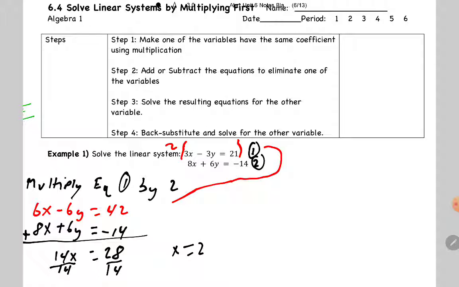Okay. So now I have x equals 2, and we're going to plug this in to either one of the equations. So I'm going to plug it into equation 2. So 8 times x, which is 2, plus 6y equals negative 14.